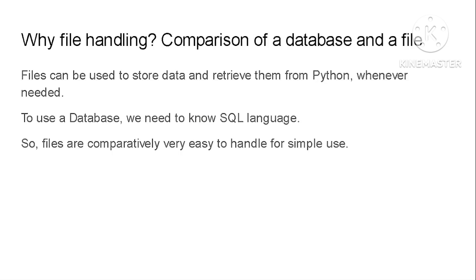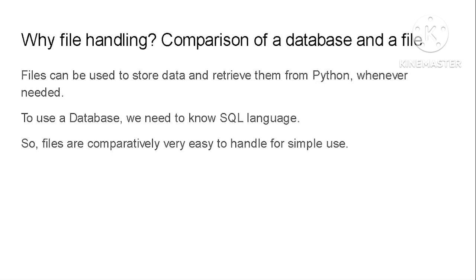So, to avoid all this, for simple data transfer, if you want to store data and retrieve data in a very simple way from any language, whether it is Python or C, C++, whatever it is, you can use text files or any other kind of files which can store the data. So whenever you want, you can get the data back from those files.